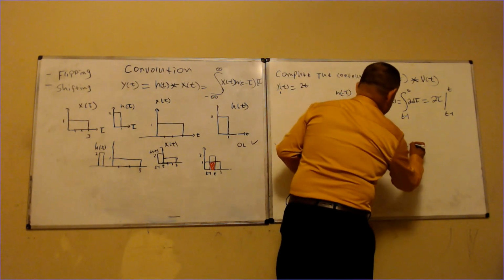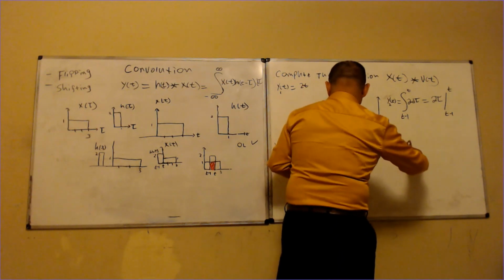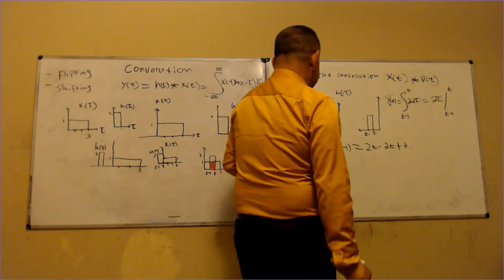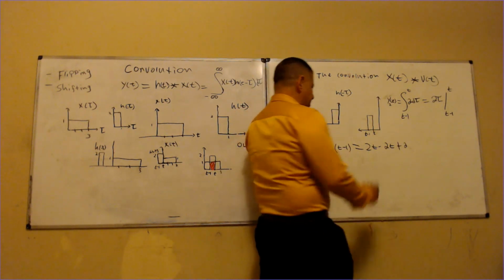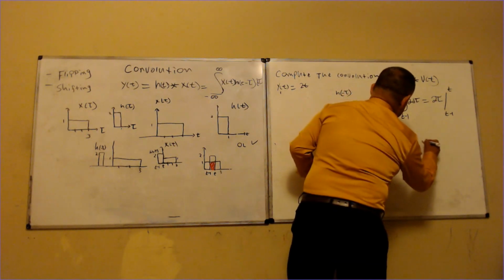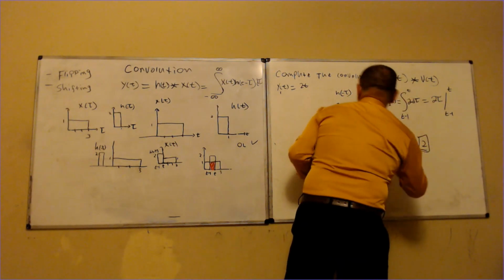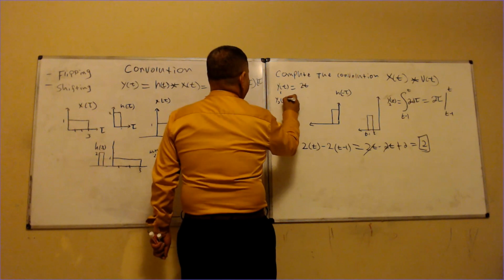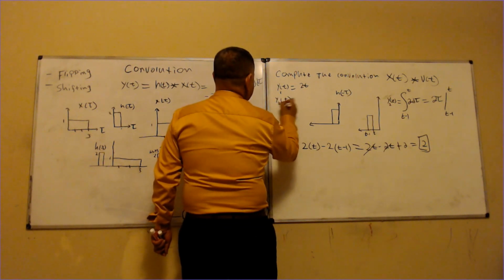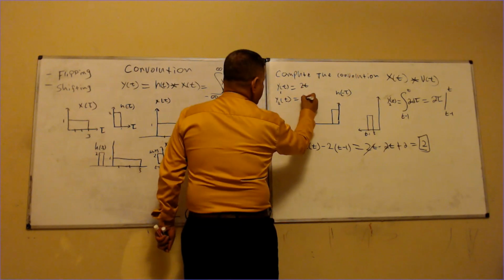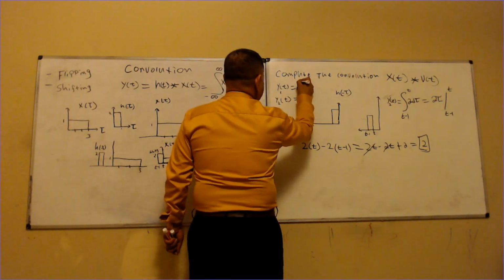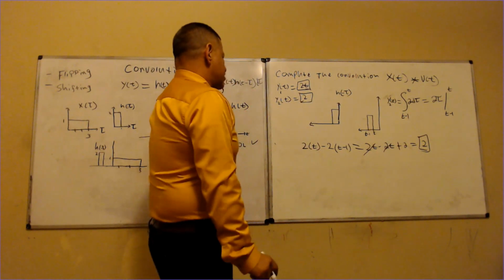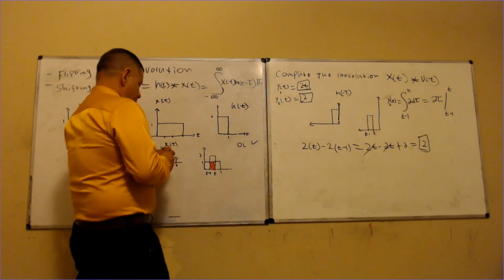Yes, plus 2. Just plus 2, not 2t. All right, so now if you look at this, the 2t cancel out, and I have just 2. So y of t2 is equal to 2. So we have those two values now. Okay, so now let's move this.